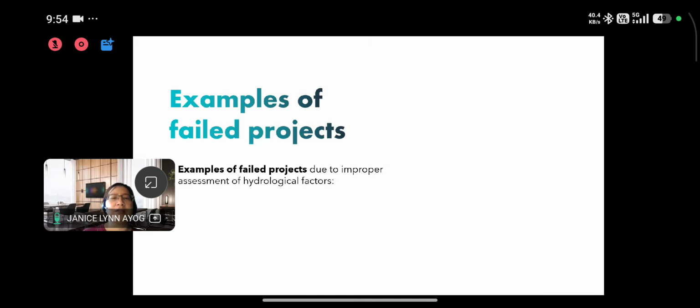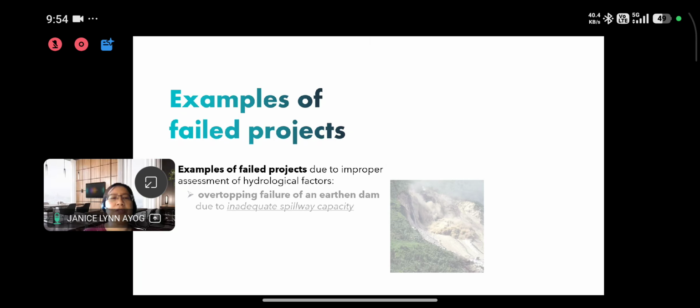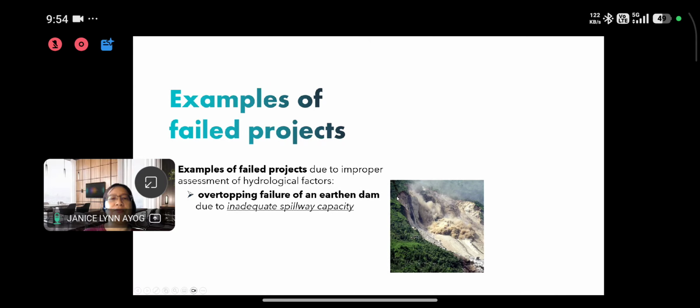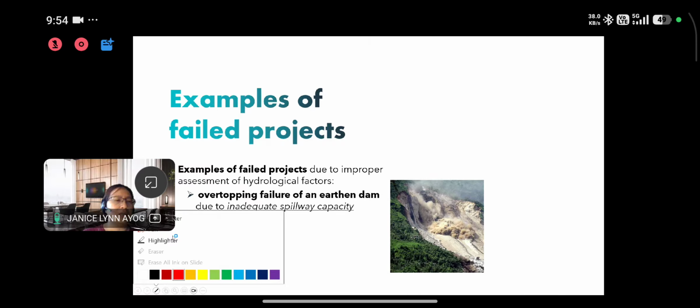Here are some examples of failed projects. Overtopping failure of an earthen dam due to inadequate spillway capacity. This is overtopping, basically water flowing over when it's supposed to be contained.